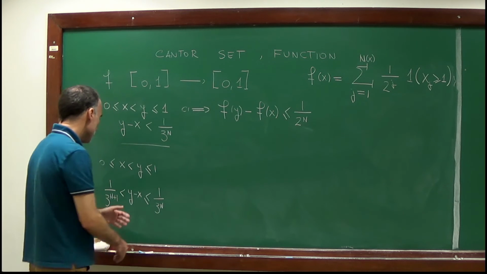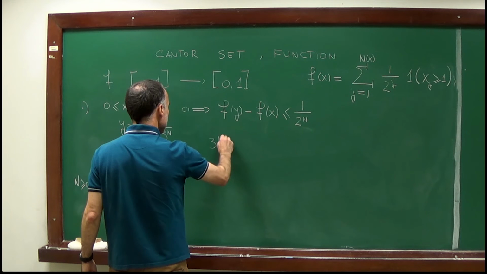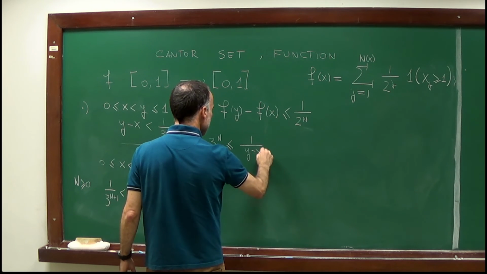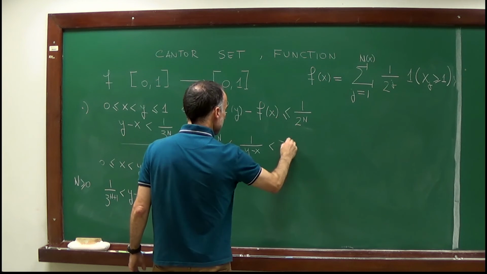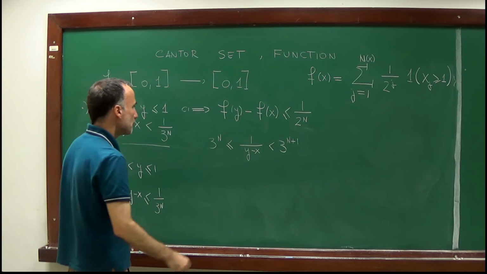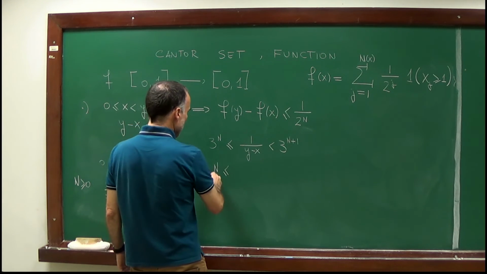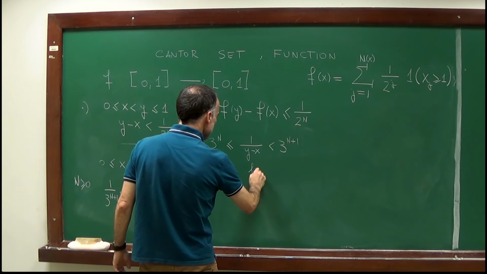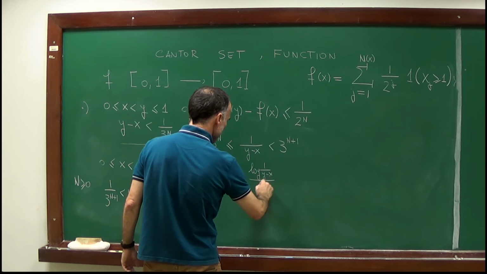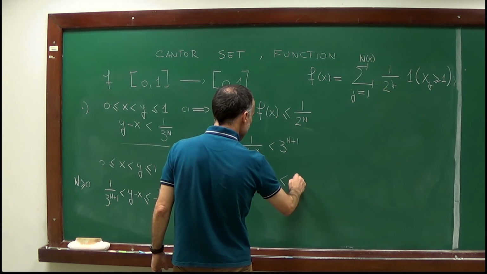So now let me rewrite that inequality as 3^n less or equal than 1 divided by y minus x, smaller than 3^{n+1}. Let me take a logarithm on both sides and say that n is less or equal than the logarithm of 1 divided by y minus x, divided by log 3, and this is smaller than n plus 1.